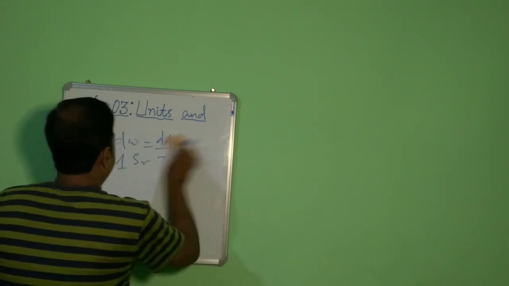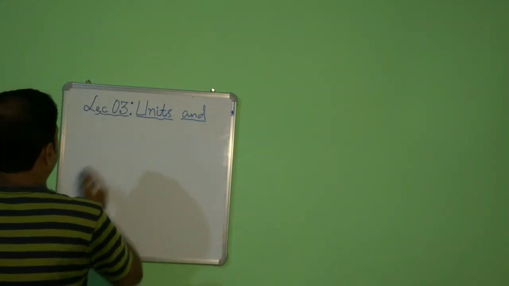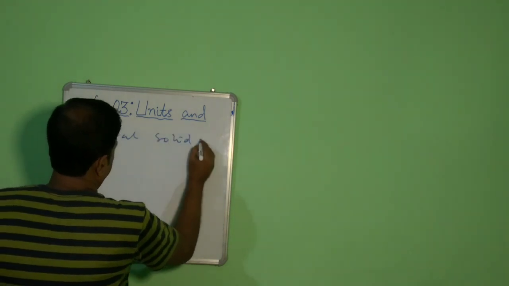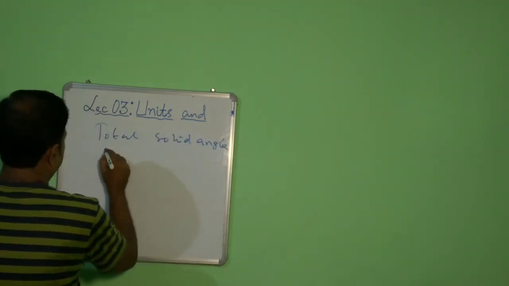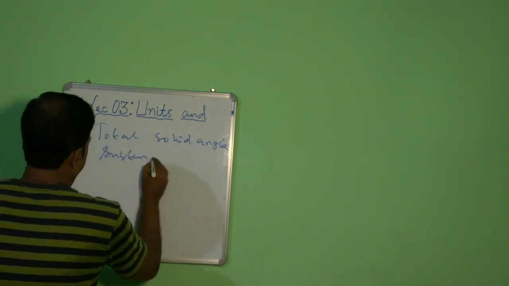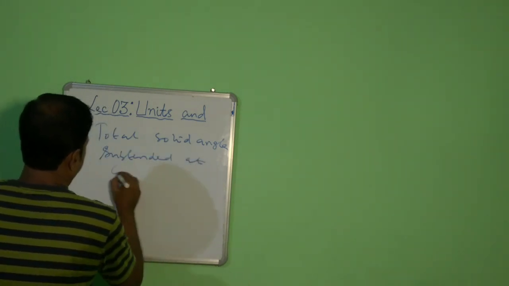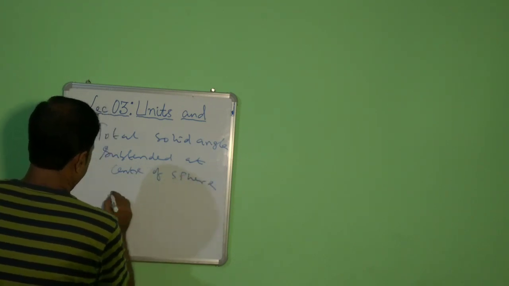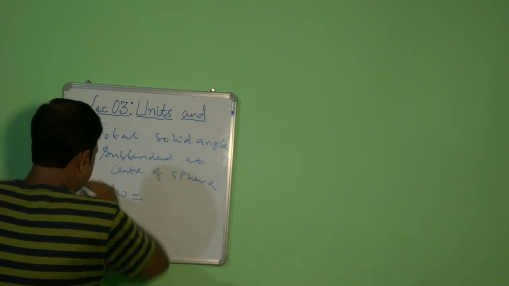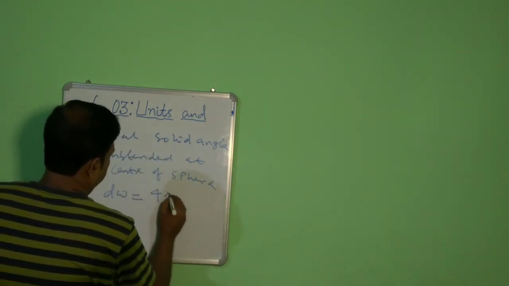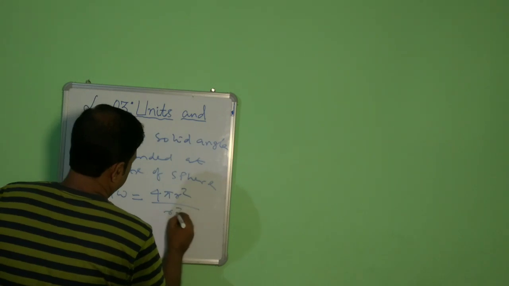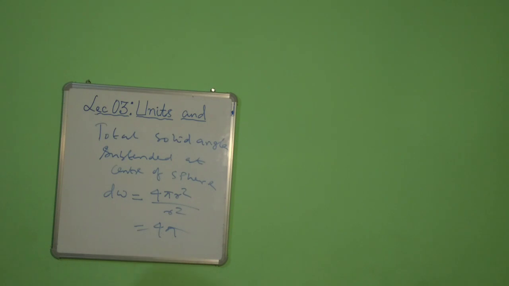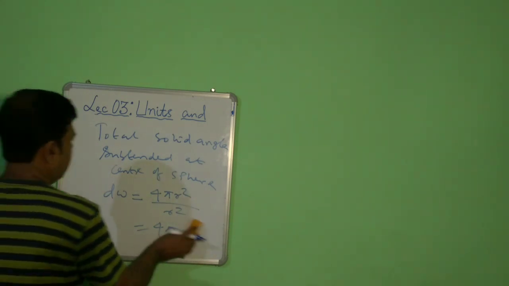So the total solid or 3D angle subtended at the center of the sphere is equal to the total surface area of the sphere, 4 pi r square, divided by r square. That becomes 4 pi. So the total solid angle subtended at the center of a sphere is 4 pi steradian.